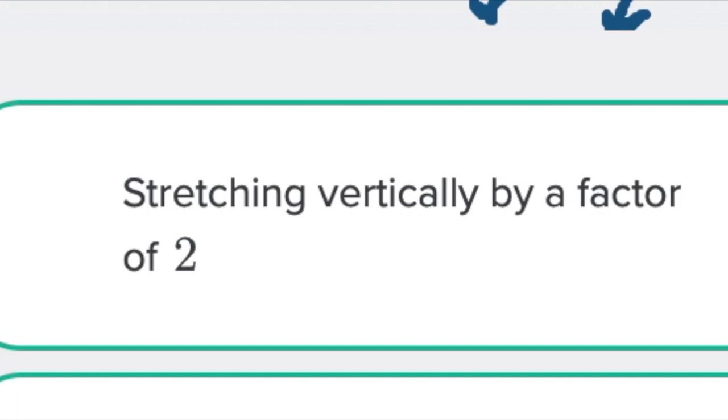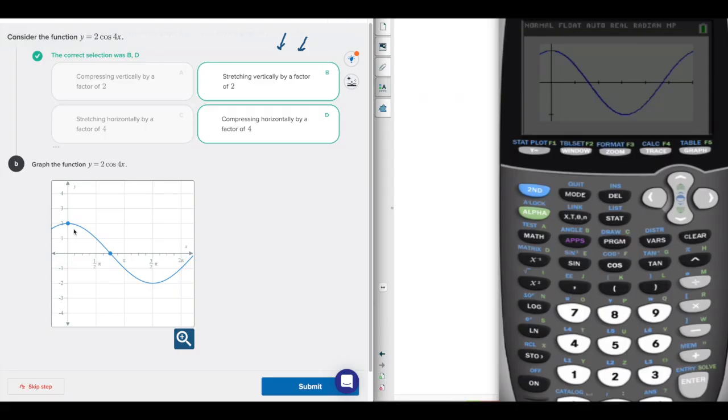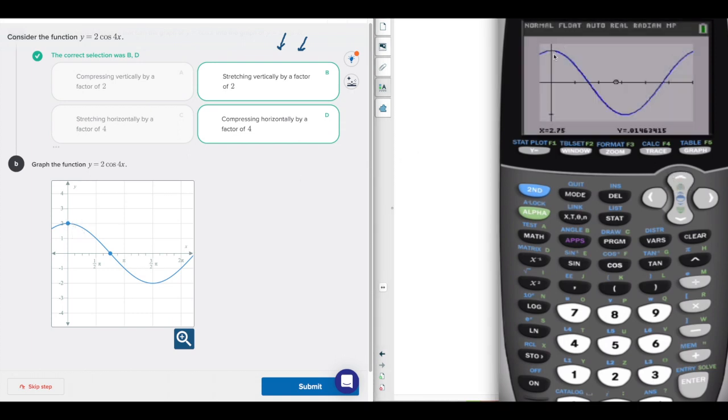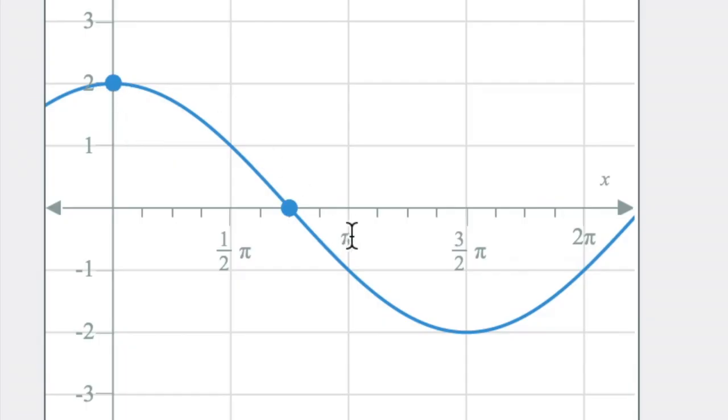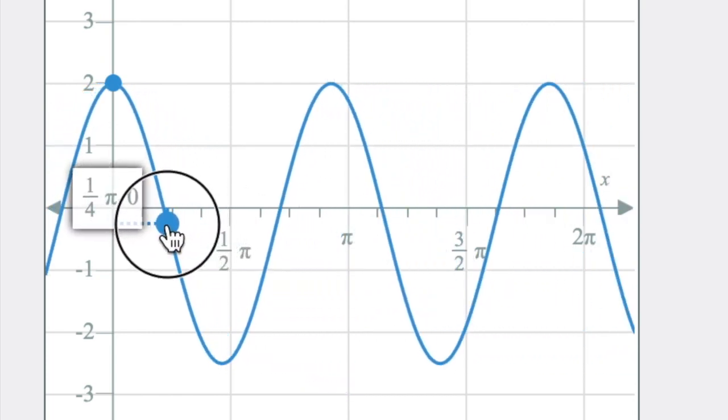So I am stretched vertically by a factor of 2, compressed horizontally by a factor of 4, which means instead of starting like I did up here at 1, I need to start at 2. So I'm starting here, and then compressed horizontally by a factor of 4, which means I need to come in here like this.